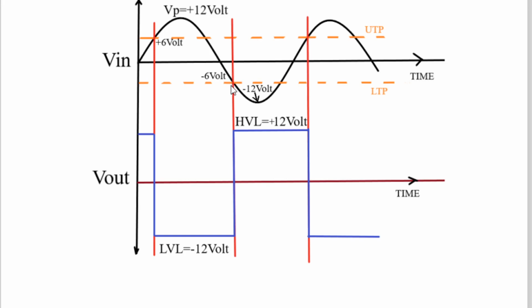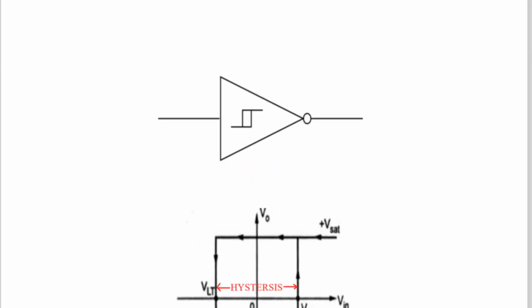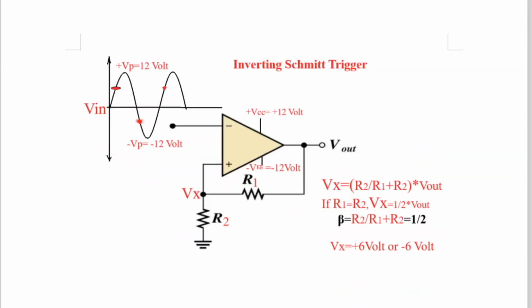As soon as the voltage at the inverting pin goes just below minus 6 volt, the output of the op amp will change the level from minus 12 volt to plus 12 volt, high voltage level. And how long is the high voltage level maintained? Unless and until the output goes to LVL. But when will it go to LVL? Now we'll see from the graph again.